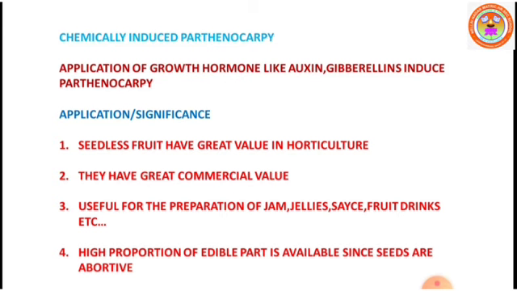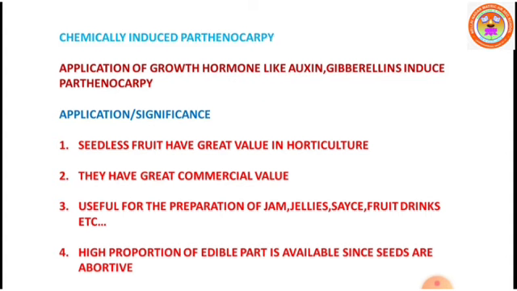Commercial aspects: artificially the fruits are developed from the ovary by spraying some chemicals. Application of growth hormones like auxin, which you might have studied in 11th standard, indole acetic acid, phenyl acetic acid. These are all some of the natural auxins.